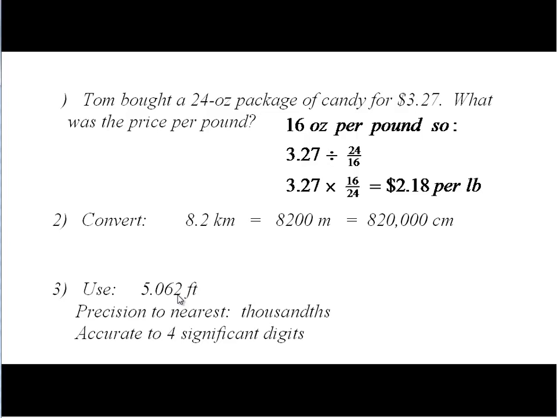So if it says significant digits, anything in front of the decimal that's a 0 doesn't count. You start with the first number on the left. In this case, it's a 5. And you keep going until you get to the last digit that's not 0. And zeros after the decimal point do count. So 1, 2, 3, 4. So that's 4 significant digits.